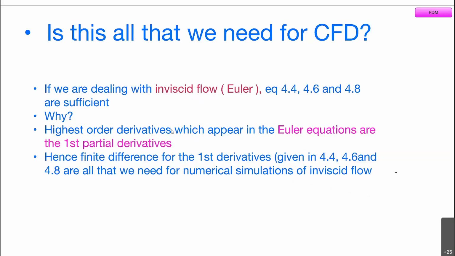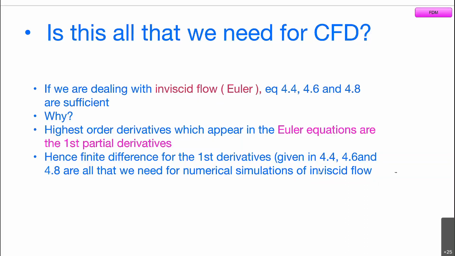Because the highest order derivatives which appear in the Euler equations are the first partial derivatives. So the finite differences for the first derivative, given in 4.6, 4.4 and 4.8, are all that we need for numerical simulation of inviscid flow, where we ignore the viscosity.